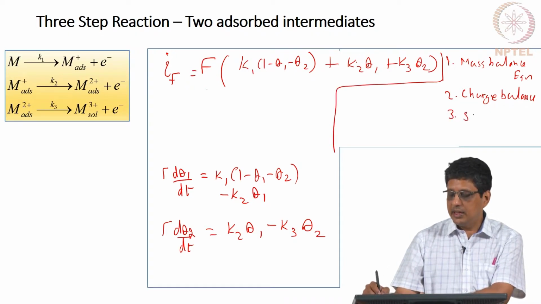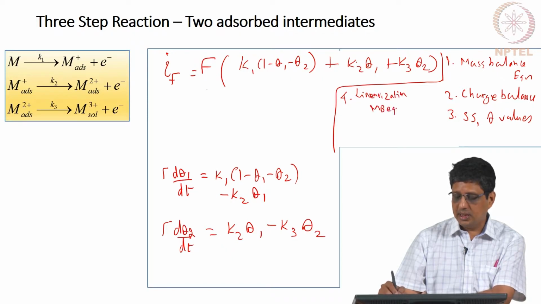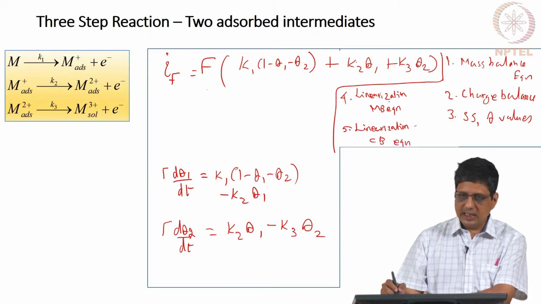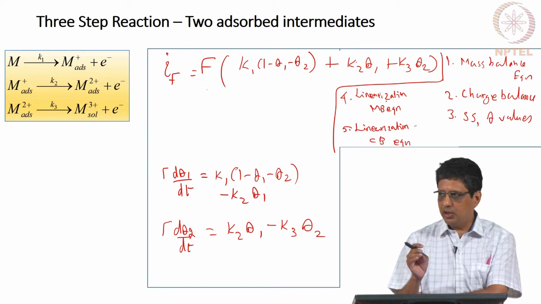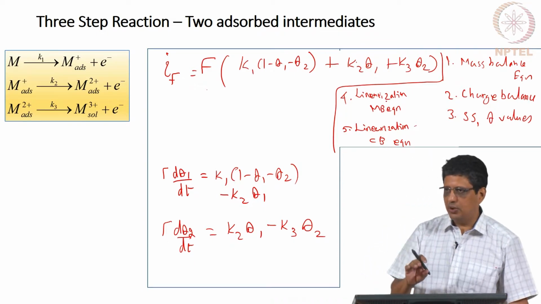Third, steady state theta values. Okay. Fourth, linearization of, you can do mass balance equation first, does not matter, linearization of charge balance equation. Mass balance equation, if you linearize, you will get d theta 1 by dE, d theta 2 by dE, that is fairly lengthy, but it is possible to do.